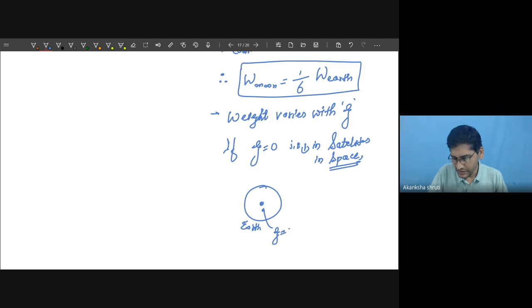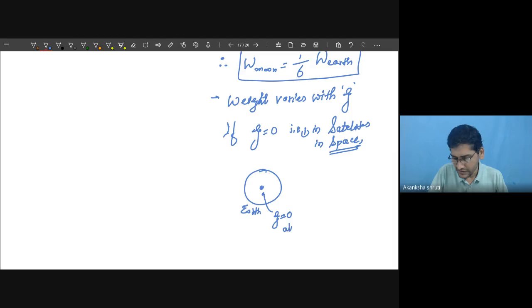So g is equal to 0 at the center. So the second situation means the acceleration due to gravity g becomes 0 at the center of the earth. Keep in mind, student, this center is inside the earth where we cannot reach practically.